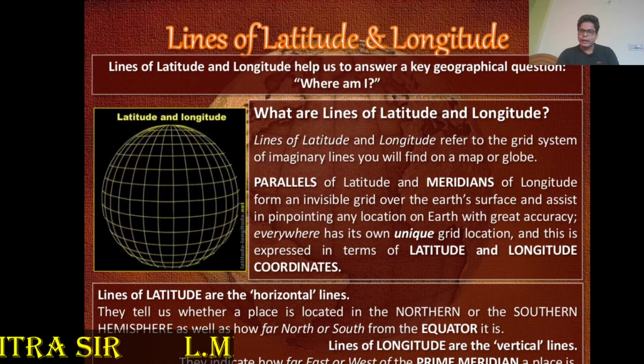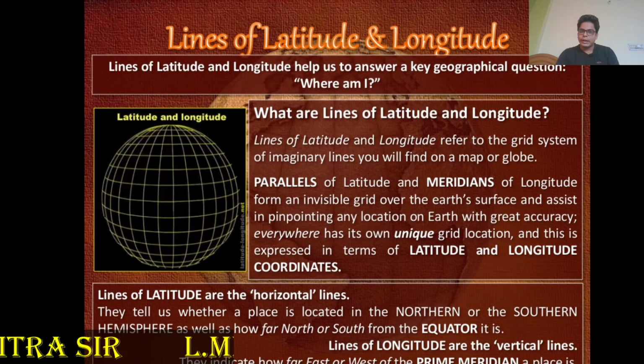In the eastern hemisphere there are 180 degrees of longitude, and in the western hemisphere also 180. Altogether these lines of latitude and longitude make a grid-like shape. This is called the coordinates.